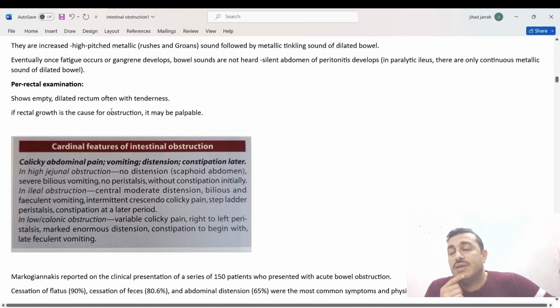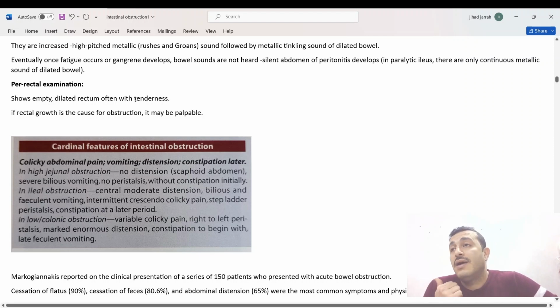Rectal exam: we always tell the medical students that the rectal exam, PR, is part of the abdominal exam. With the per rectal or digital rectal exam, we can assess the anal sphincter.